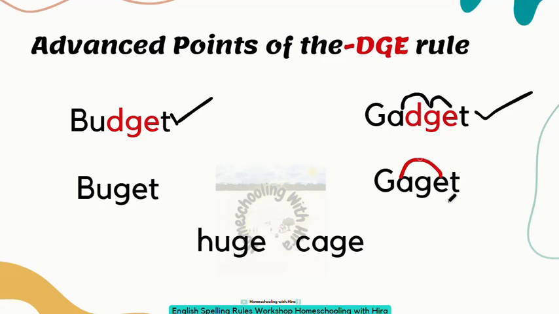But if you remove this D and try to write gadget like this, E will pull the sound of A and it will be gadget. We do not write DGE in the words huge and cage because here we need the long U sound. So this is huge, and cage. Got it? I hope you have.